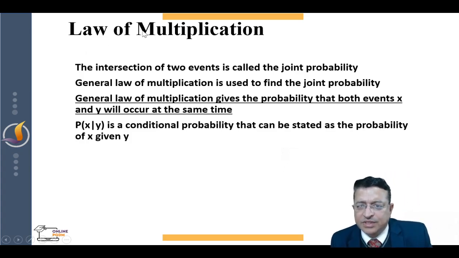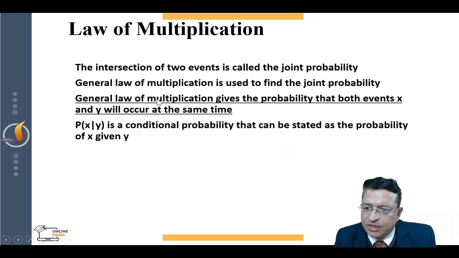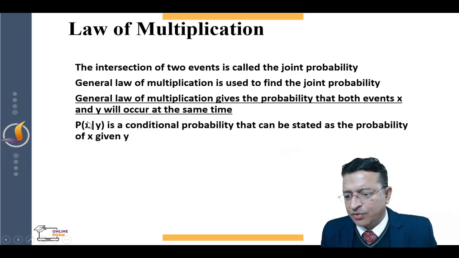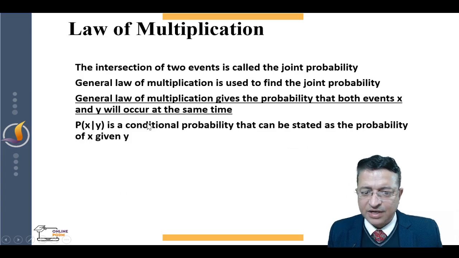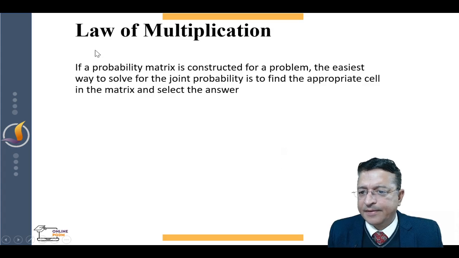But before that, just see the law of multiplication. The intersection of two events is called the joint probability. The law of multiplication is used to find the joint probability. It gives the probability that both events x and y will occur at the same time. If we have to calculate the conditional probability, this same formula can be manipulated.